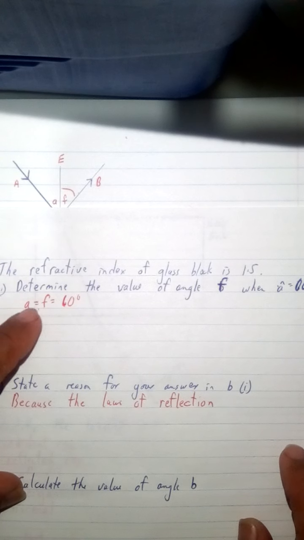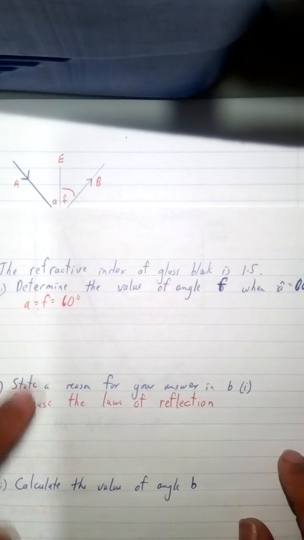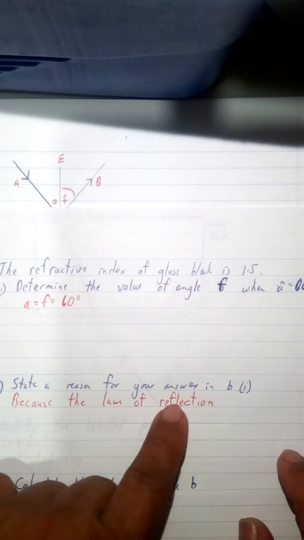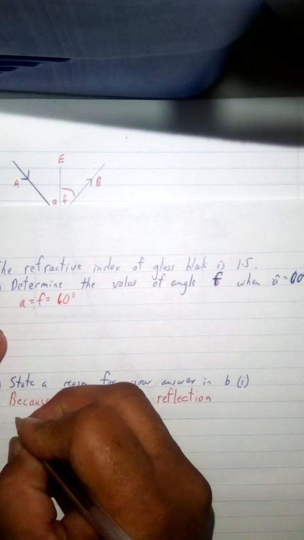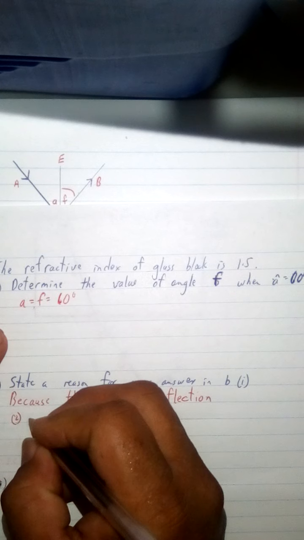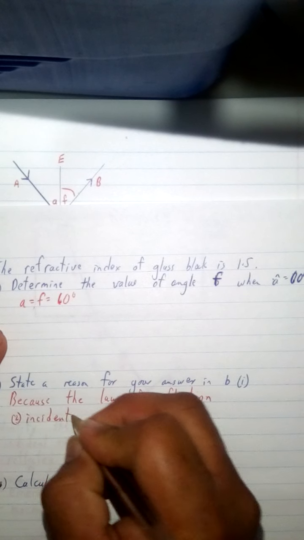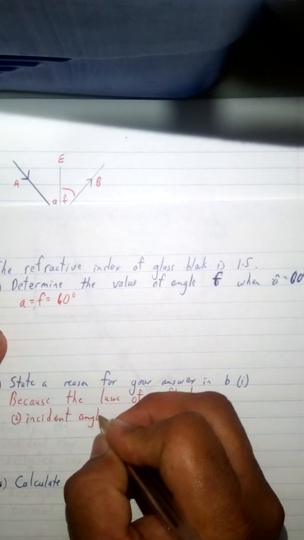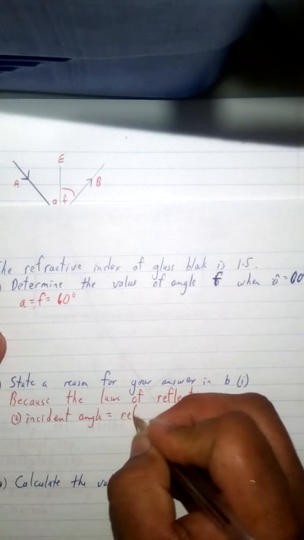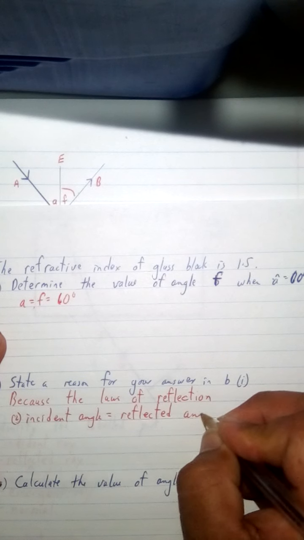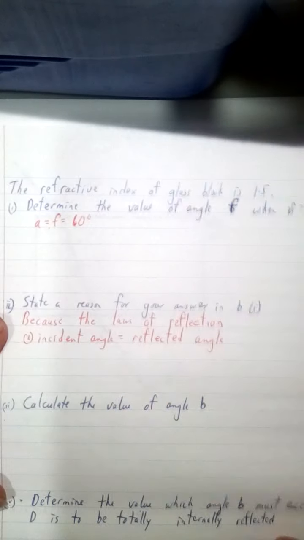The incident angle is equal to the reflected angle in the laws of reflection. Which one in particular? Number 2, we can say incident angle equals reflected angle. Take note, reflected, not refracted angle. That's one of the laws.